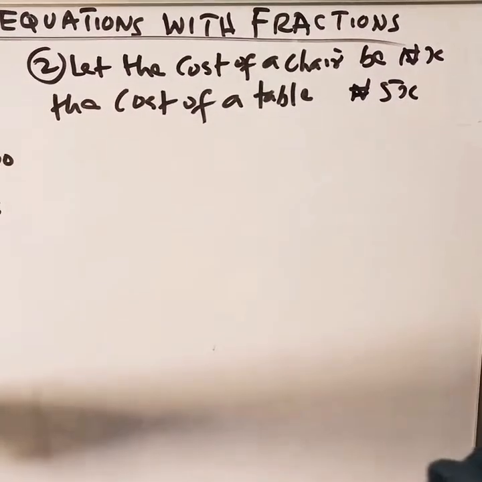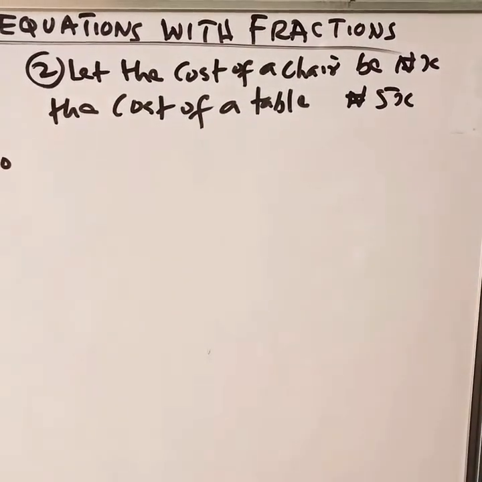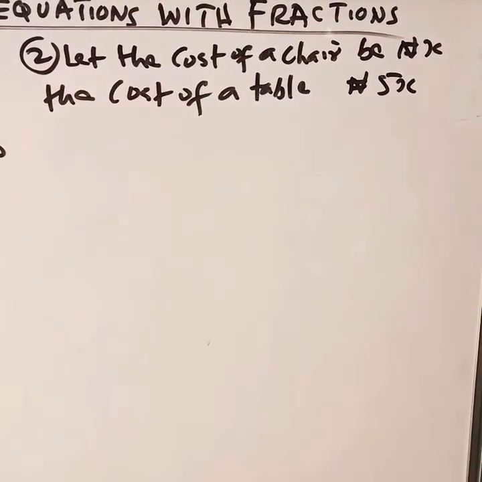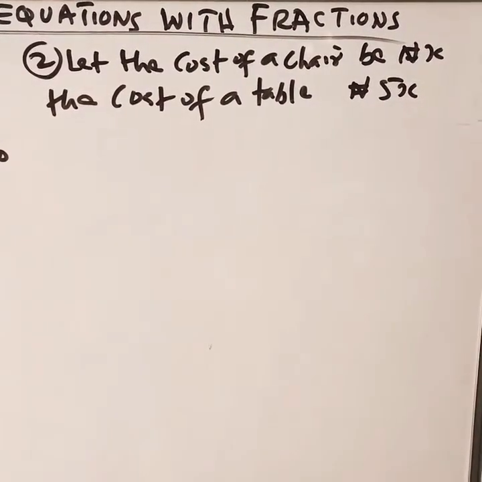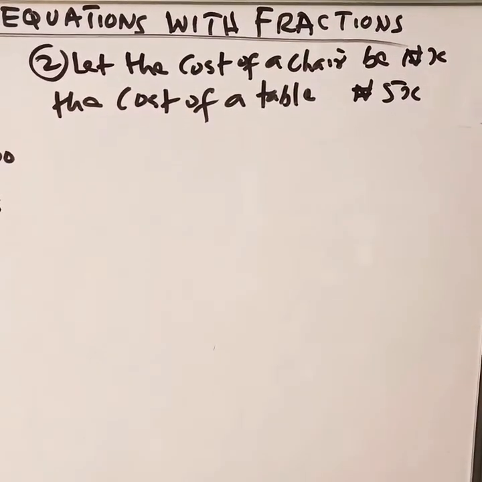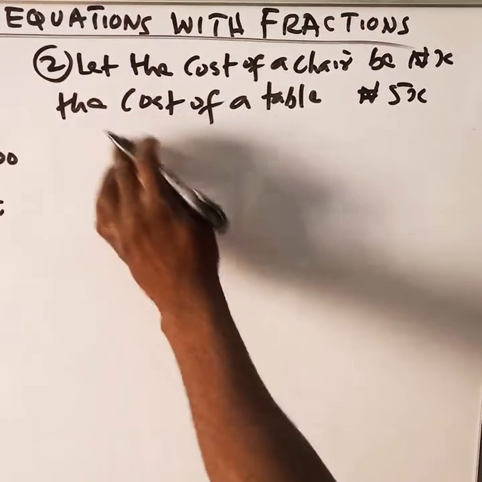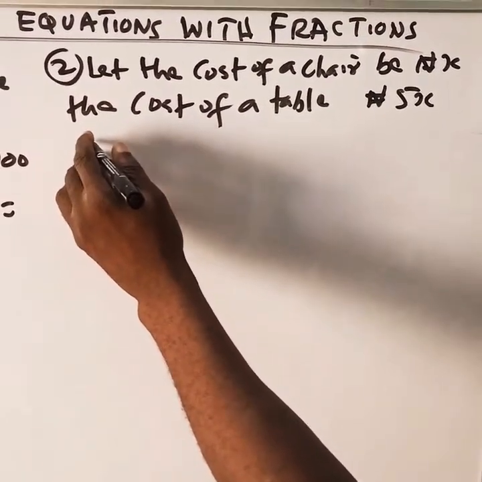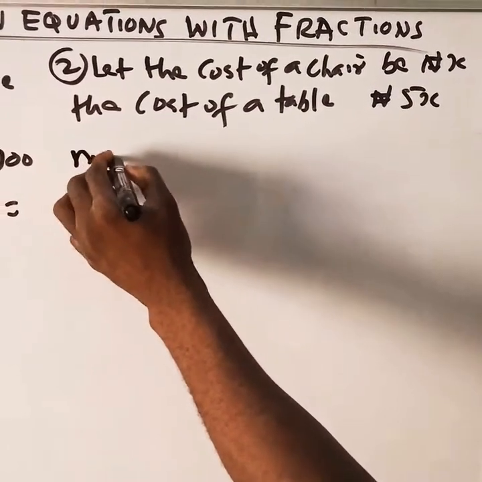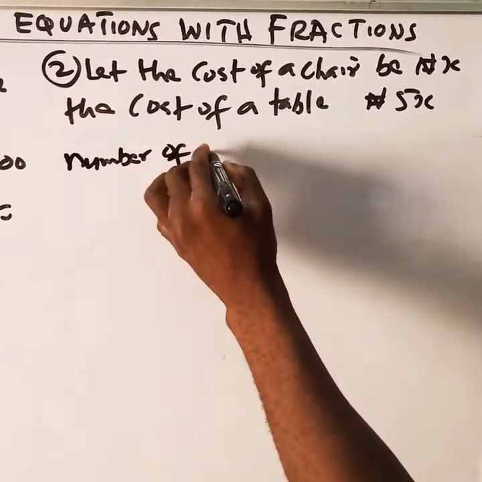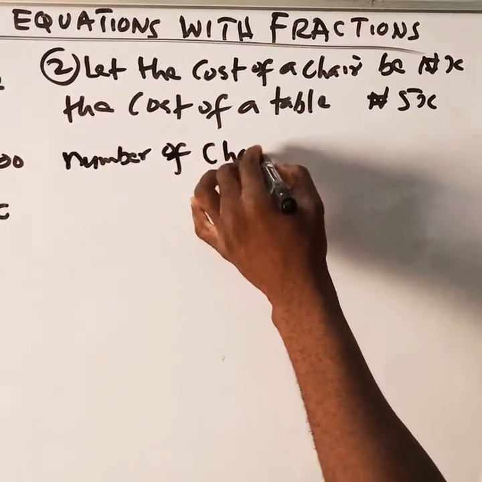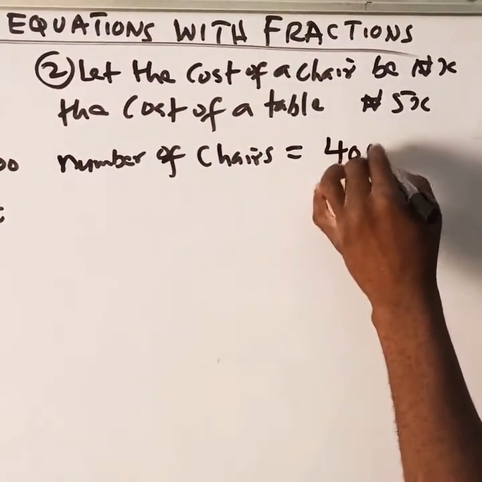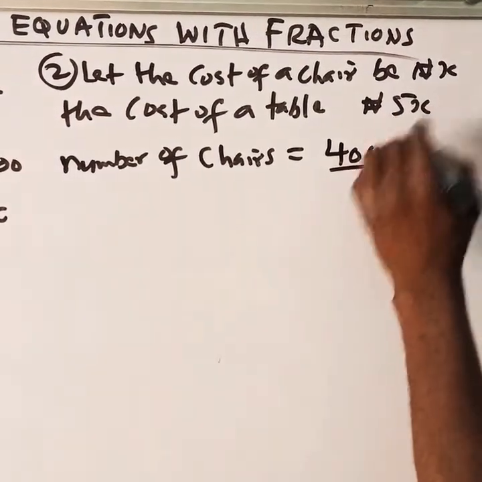For 40,000 naira, a trader can buy 20 more chairs than tables. That means with this amount of money you can buy 20 more chairs, more chairs than tables. So let's get the number. The number of chairs is equal to the amount of money, which is 40,000 naira, divided by the cost of one chair, x.